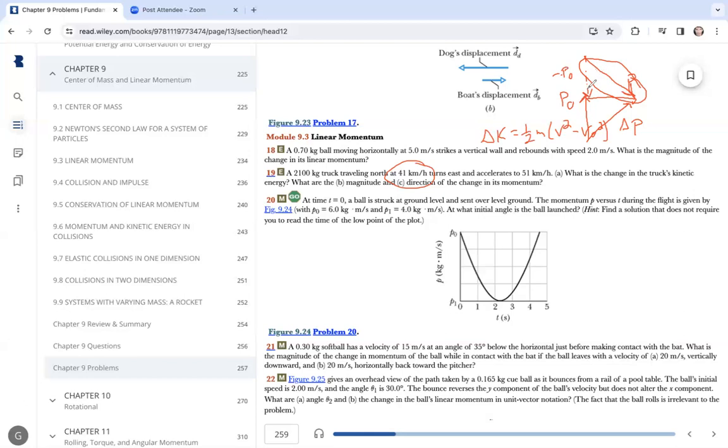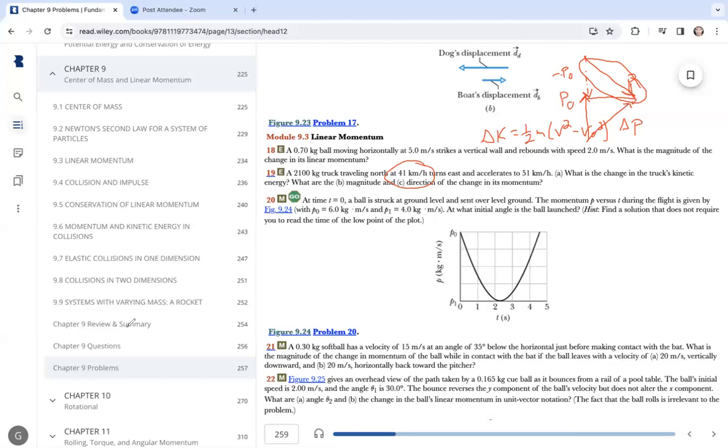You'd have to realize that you lose all of whatever this momentum is, because you're no longer moving north, and you gain everything that's moving east. You can't just treat it as a scalar. That's the important thing to realize. It's this piece right here that you've got to calculate.